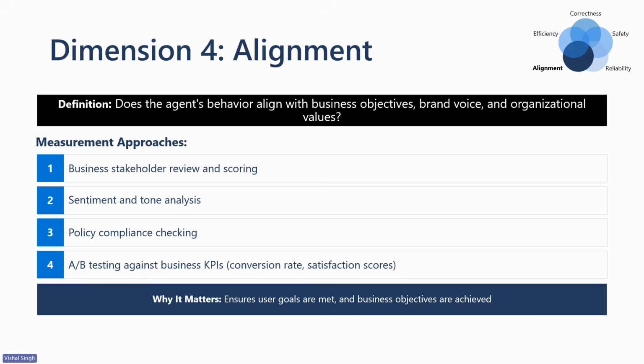So those business objectives must be aligned at all times to ensure that the company's representation is done in the highest form. For example, a customer service agent for a B2B manufacturer is designed to handle product and order inquiries. In this sense, alignment would mean that it communicates in a professional, precise tone, appropriate to the business relationship.